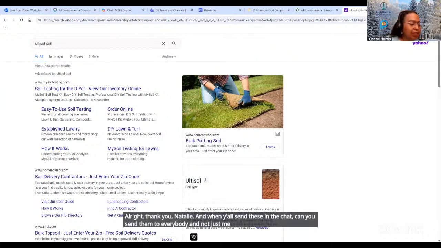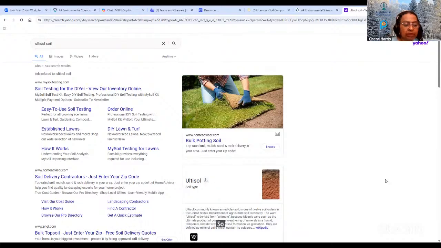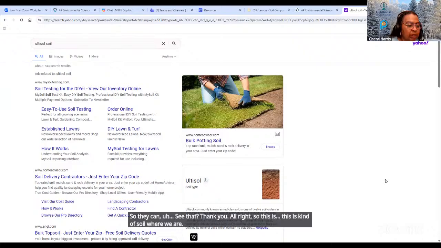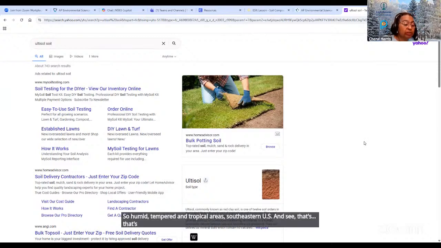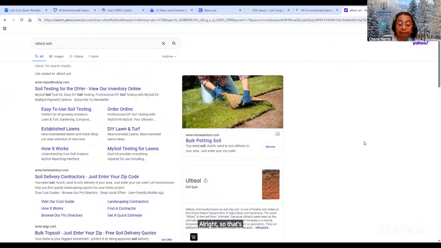Natalie, can you repeat that and just send it to everybody, so they can see that? Thank you. All right, so this is the kind of soil where we are. So humid, temperate, and tropical areas, southeastern U.S. And see that that's exactly where we are, southeastern U.S. All right, so that's the kind of soil we have.